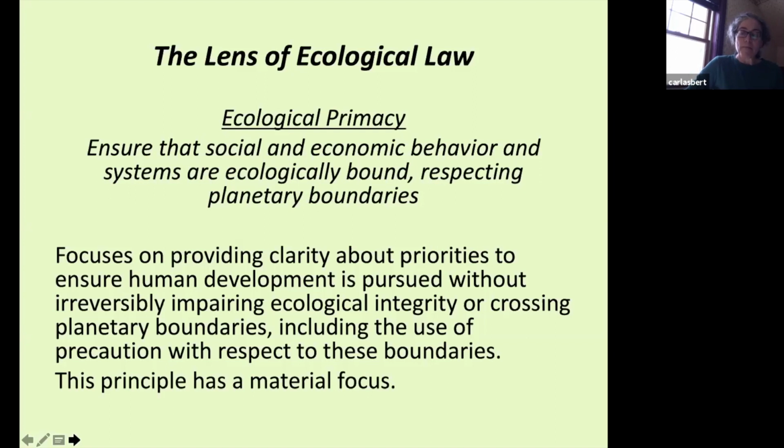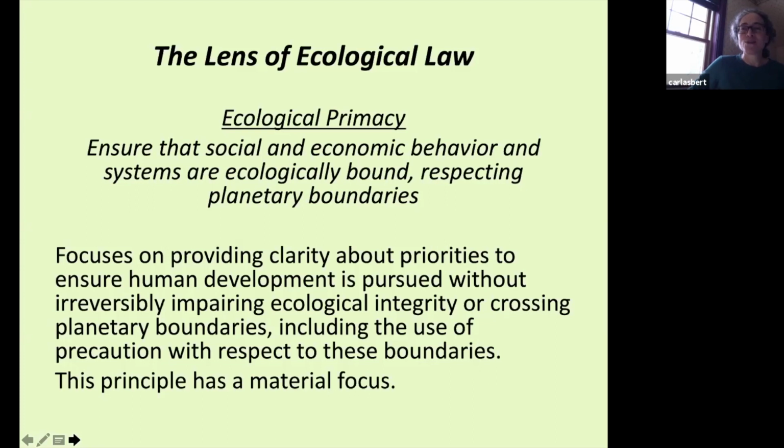Because this discussion is still ongoing, I have settled with keeping ecological integrity as the reference point for ecological primacy, but with emphasis on the fact that ecological integrity has to be understood as inclusive of humans. And again, some people may question whether that is possible, but I'm getting too much into details.